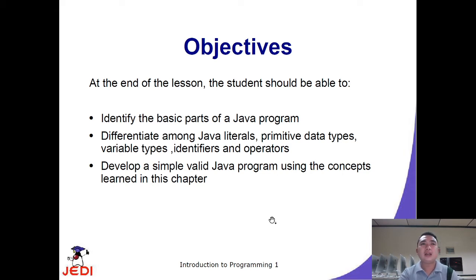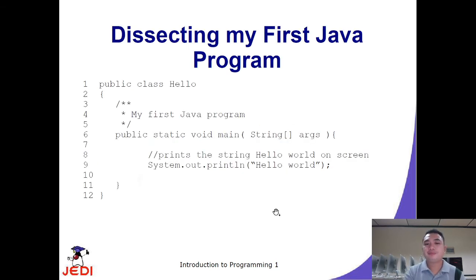It could be a quiz, an exercise activity to be submitted, or an oral quiz. And then at the end of the discussion of the arithmetic and relational operators, there will be a machine problem. So two machine problems, one for the arithmetic and one for the relational operator.